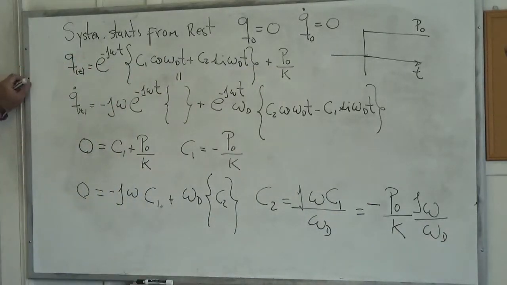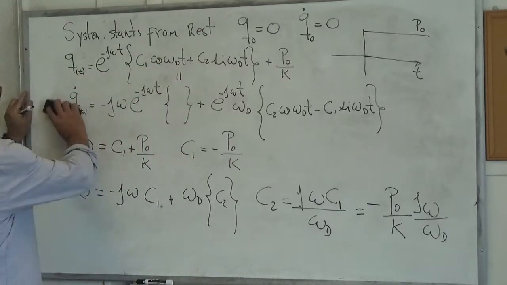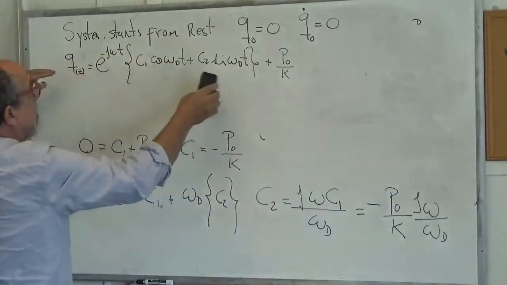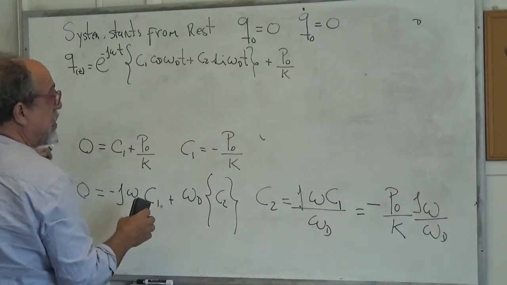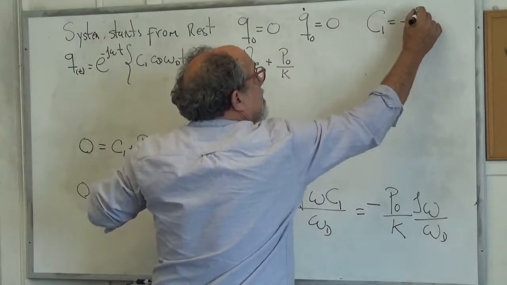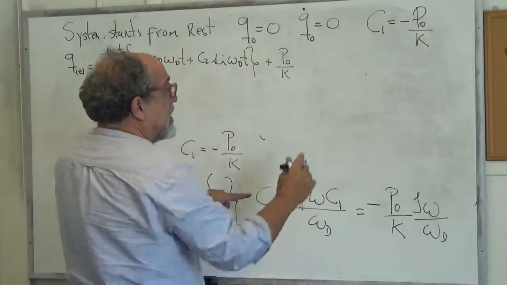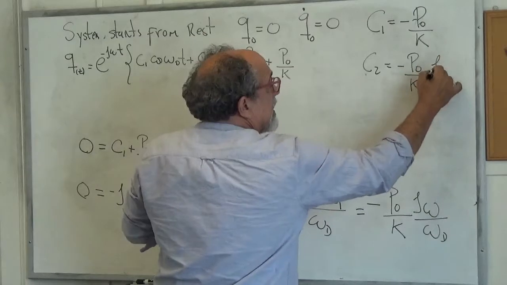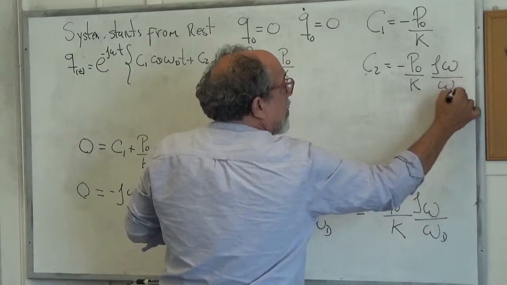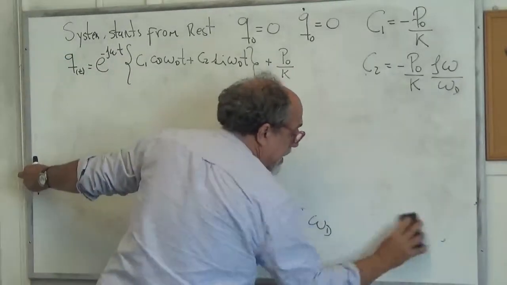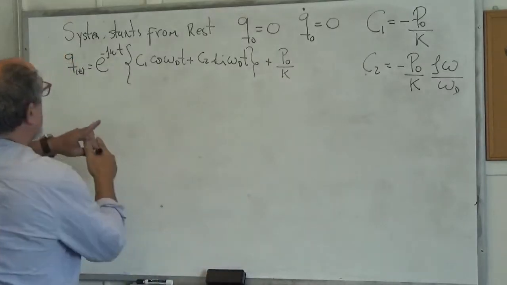All right, so it looks like we've got our constants C1 and C2, and so our complete solution is this expression here, in which we substitute these two things, right? So I'm going to write them here for my own reference. C1 is minus P0 over K, and C2 is equal to minus P0 over K times the damping ratio times omega over omega damped. So that allows me to erase here and simply rewrite it now.